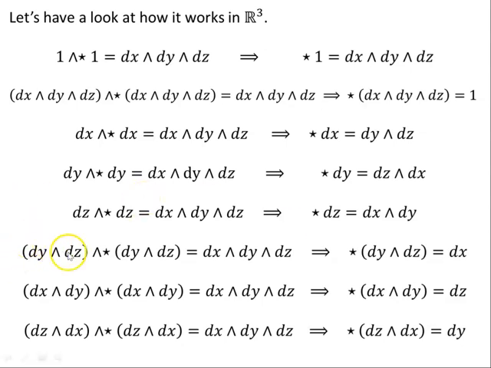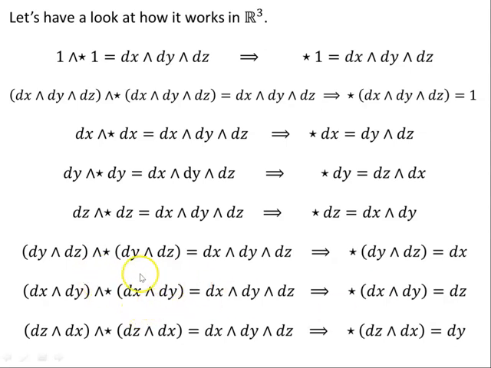Let's keep going now. dy wedge dz, wedge with the star of dy wedge dz equal to the volume form implies star of dy wedge dz is dx. Down here, dx wedge dy, wedge with the Hodge star of dx wedge dy equal to the volume form implies that the Hodge star of dx wedge dy is equal to dz.